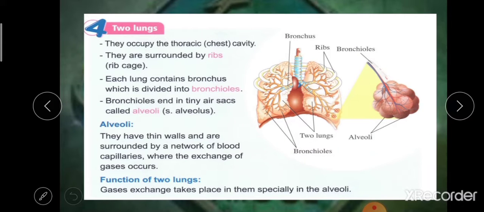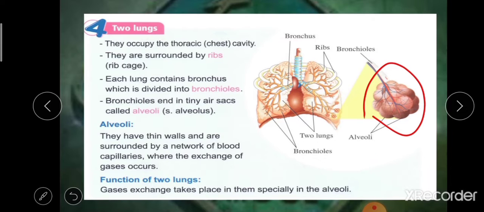Where does this come from? Do you remember? We said that the trachea divided into two bronchi, and each bronchus divided into small bronchioles. Each bronchiole ends with the air sacs or alveoli. And we said that the alveoli are surrounded by blood capillaries.